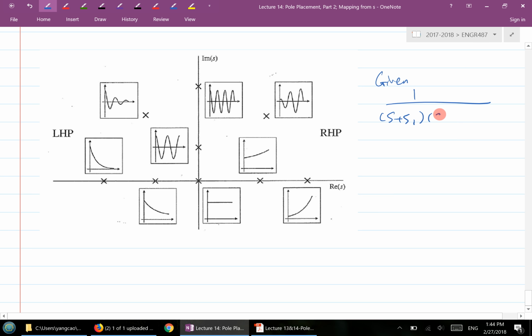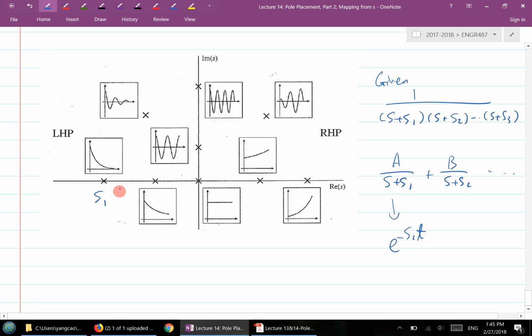Maybe it consists of a number of poles here. So let's say this is S1. You can do a partial fraction expansion on this. You get S plus S1 here, and then S plus S2, like this. And then you do an inverse Laplace transform, and for this particular one you get e to the power of negative s1 t, right?